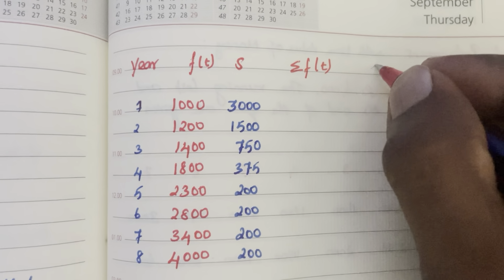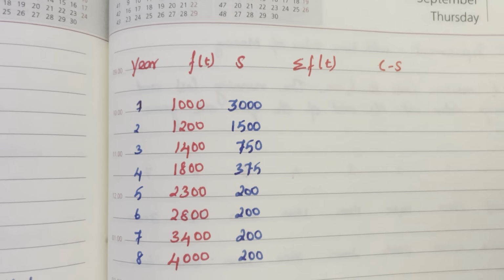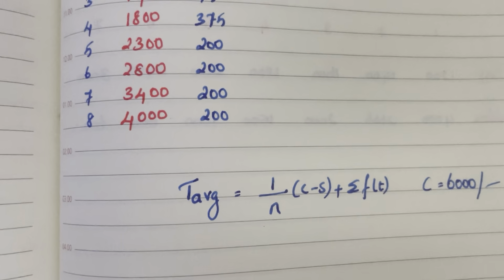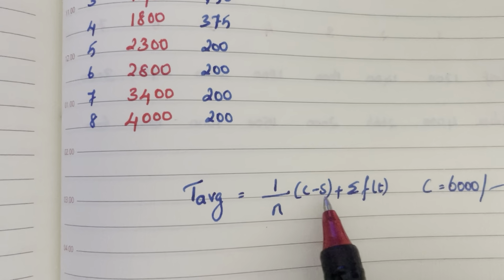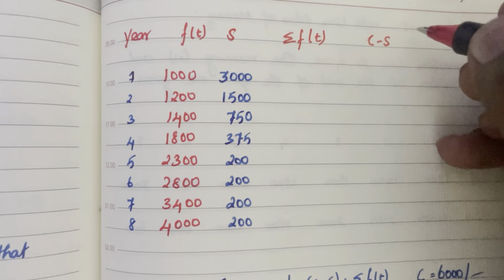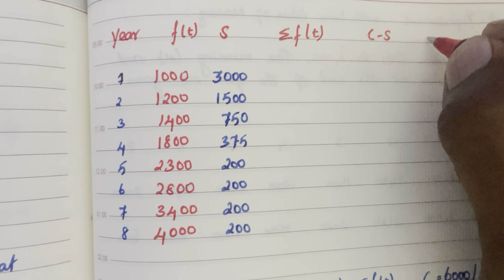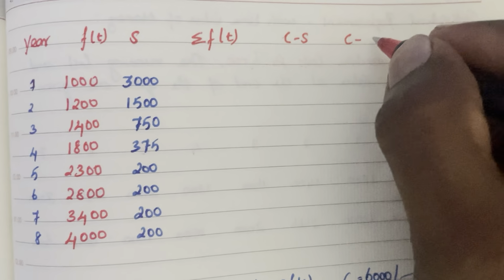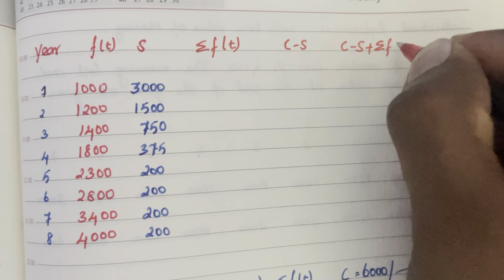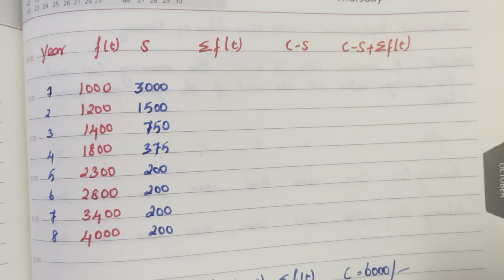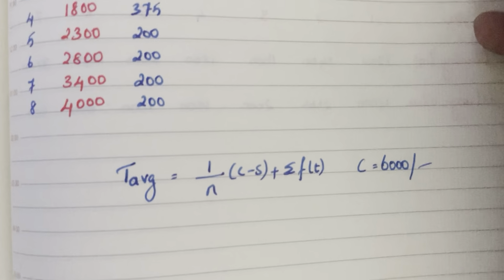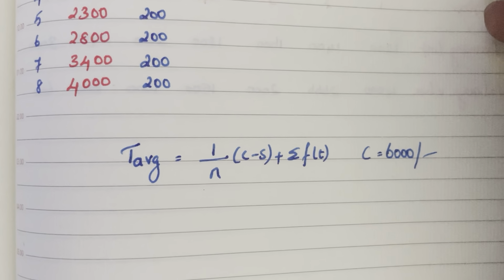Then you need to add c minus s plus summation of f of t, and divide that by n.